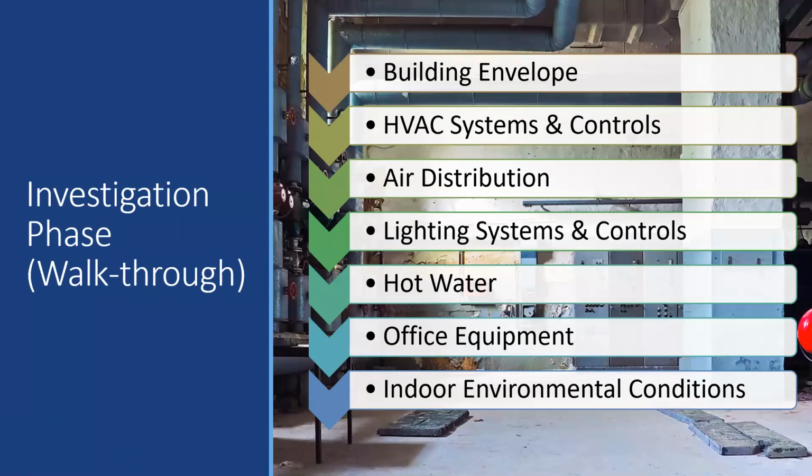Information collected during this step is used to identify operational problems and energy saving opportunities for implementation. It is not the goal to solve issues discovered during this phase. We will later prioritize the findings in the implementation stage. We'll be discussing each of these operations in more detail as to what to look for during your investigation.